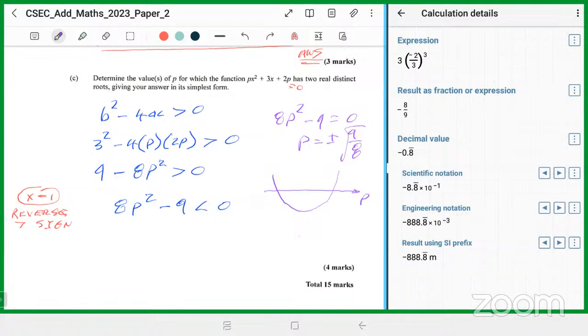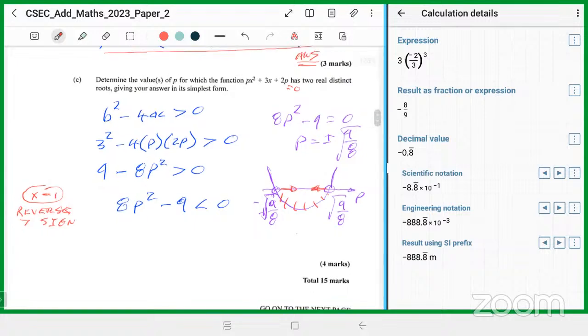So here will be the positive, and I'm putting an open circle because we're not including. That will be the square root of 9 over 8. And here will be negative square root of 9 over 8. And this inequality is referring to the section below the x-axis, which then means that I want values between these two critical values.